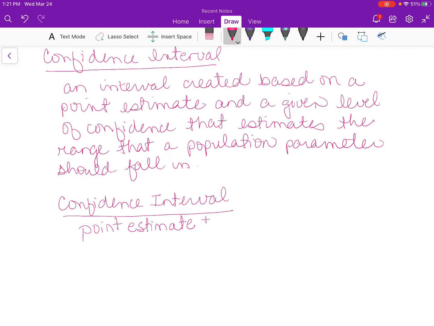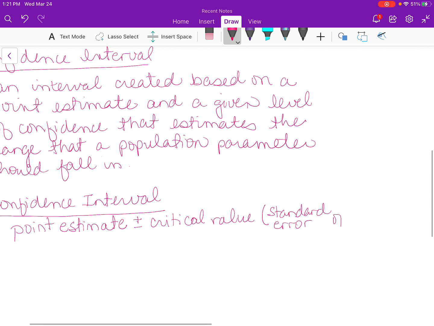So we'll take the point estimate and we will both add and subtract a critical value times the standard error of the point estimate.